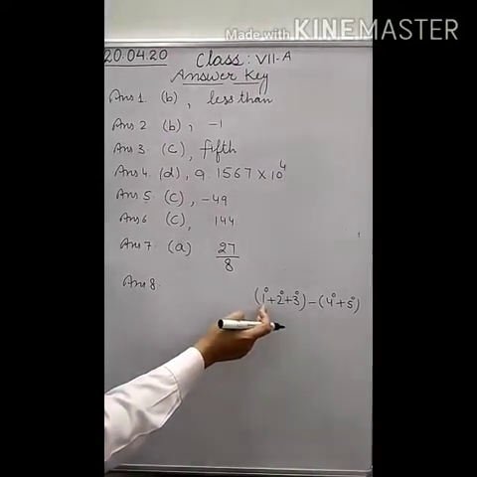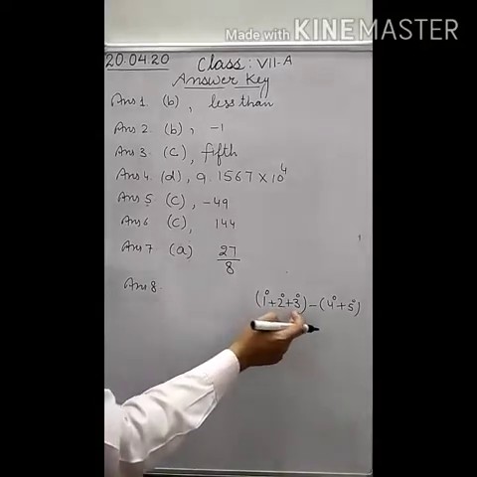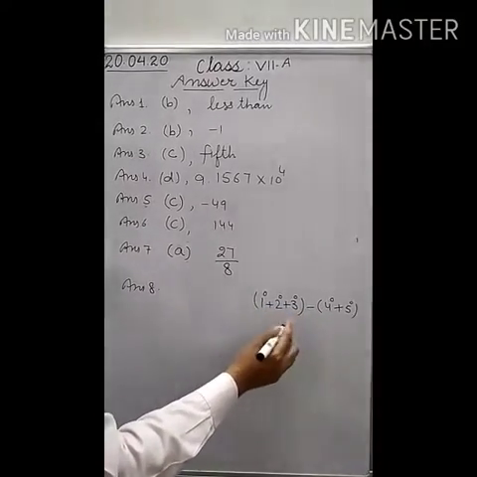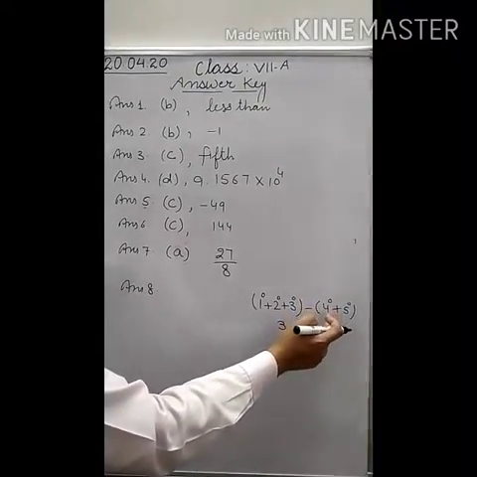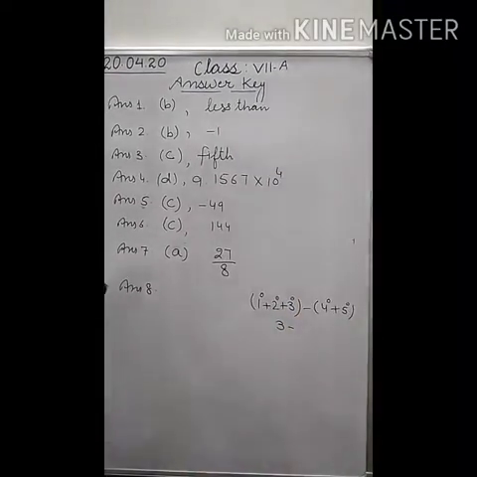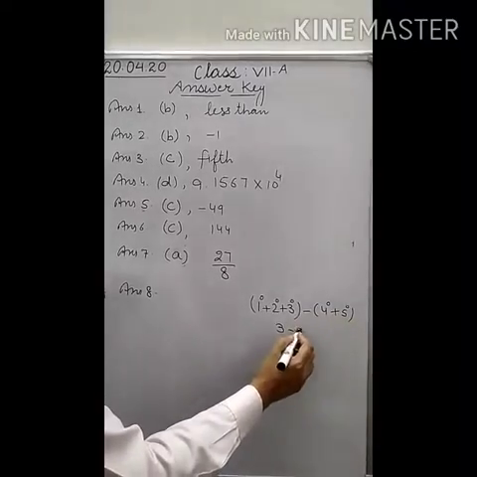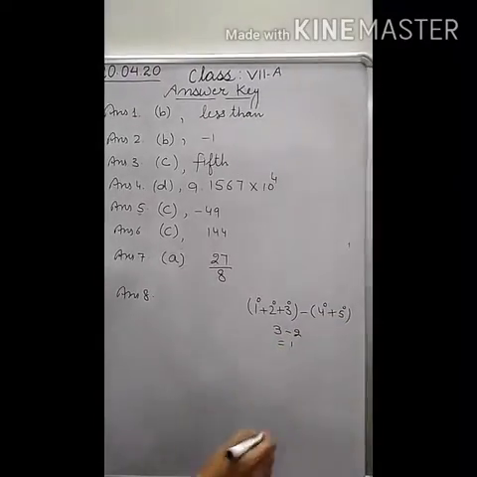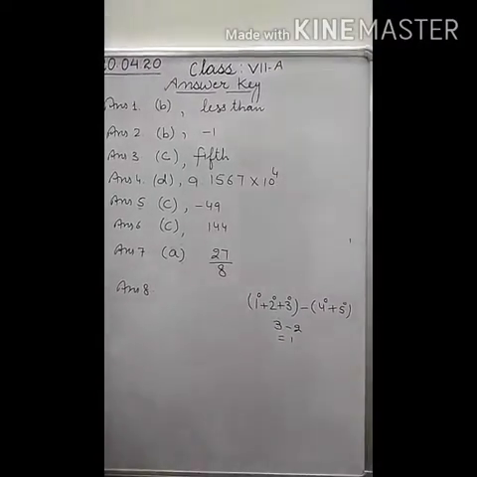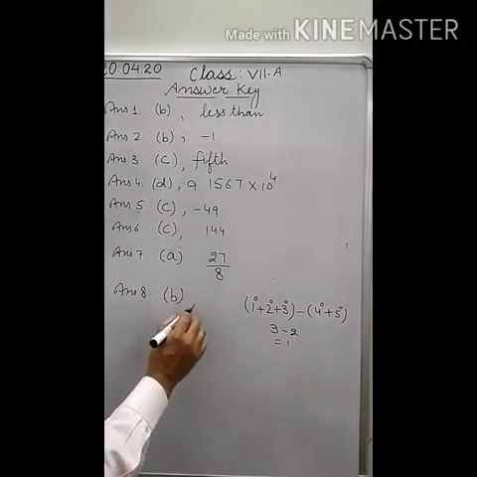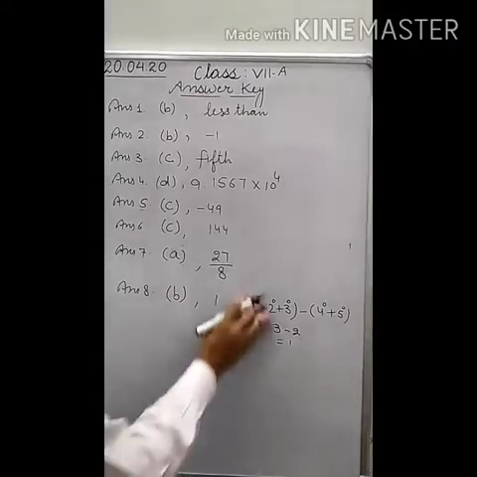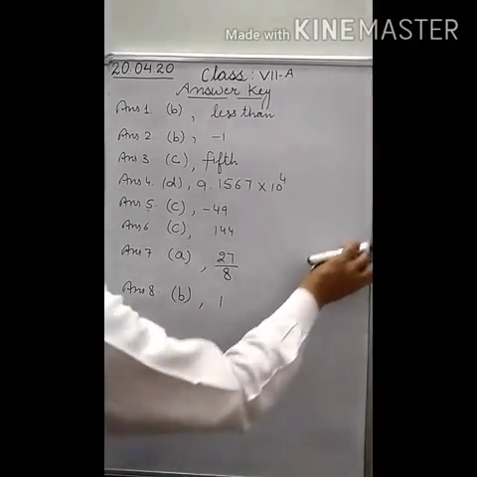Here the value of this will be 1, here 1, here 1. So 1 plus 1 plus 1 will be 3. Here again the value of 4 raised to the power 0 is 1, and 5 raised to the power 0 is 1. Then 1 plus 1 will be 2. So 3 minus 2, the answer will be 1. So the correct option is B, and the answer is 1. This you have to write.